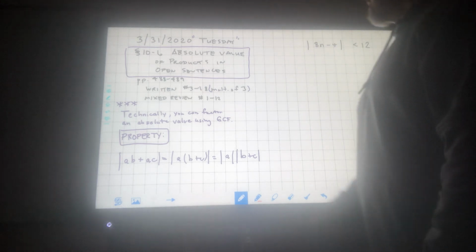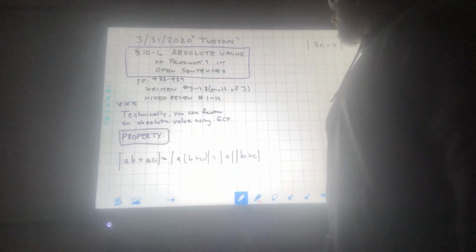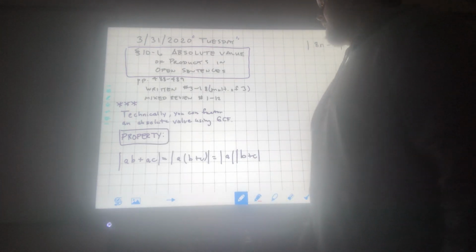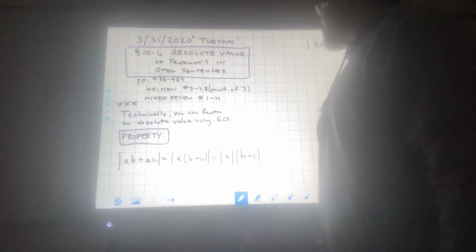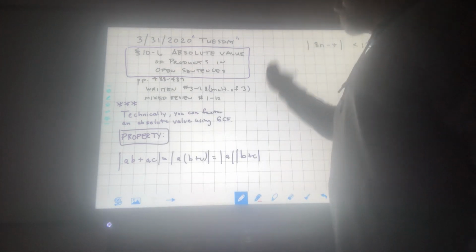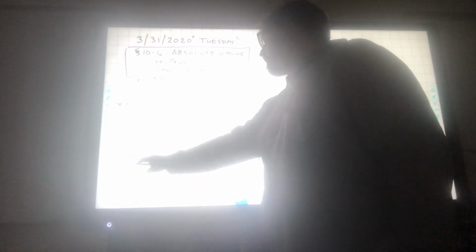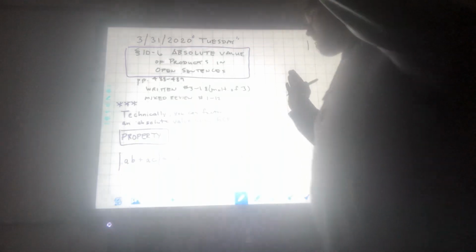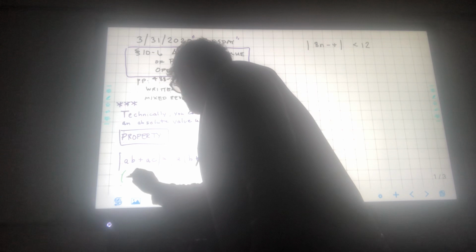Okay, so technically, you can factor an absolute value using GCF. In other words, there is a property that says I'm allowed to basically reverse distribute, or GCF. So here, if I have AB plus AC inside, whenever you have something that's inside of a thing, it is called an argument.